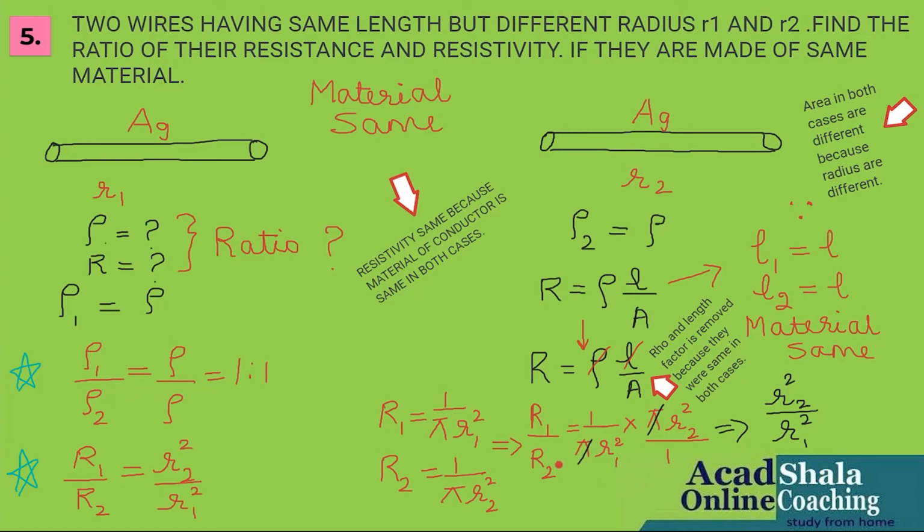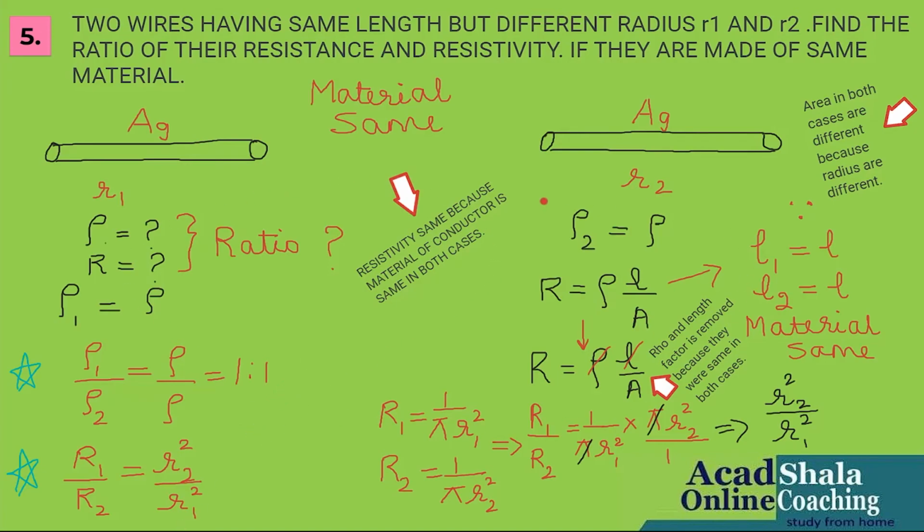The value which will come out in the last will be R2 square upon R1 square. So I have now calculated the ratio of their resistance also. The ratio of the resistance comes out to be R1 upon R2 is equal to R2 square upon R1 square, and the ratio of the resistivity comes out to be 1:1.